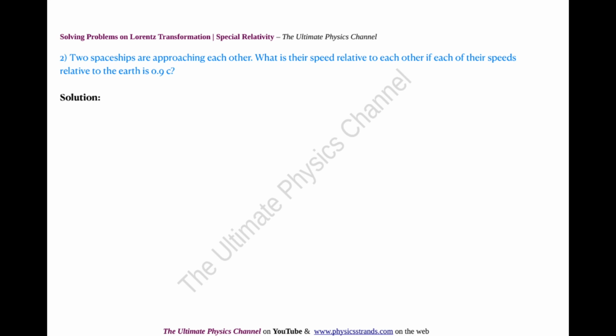The second question is, two spaceships are approaching each other. What is their speed relative to each other if their speeds relative to the Earth are 0.9c? So we have Earth, we have two spaceships approaching us, right?